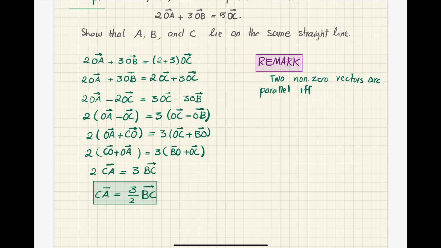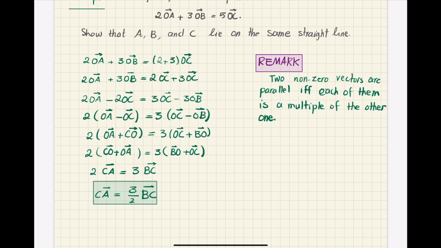Do you remember I wrote IFF and I said that this is not a misprint, it means if and only if, each of them is a multiple of the other one. This is extremely important, okay?